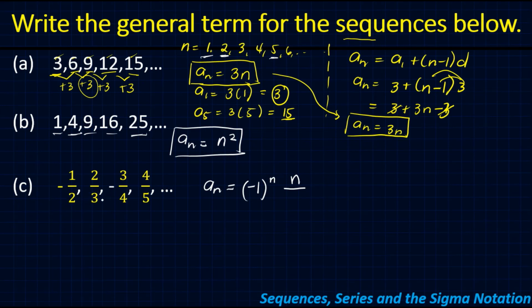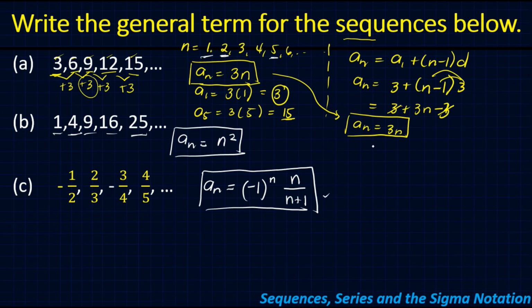Okay? And then, ano ang differences ng ating denominator? Isa lang. So, pwede natin masabi na n plus, nagdagdag tayo ng kada isa, kada denominator, so plus 1. Okay. So, the general term of this sequence is a sub n is equal to negative 1 raised to n times the fraction, which is n over n plus 1.